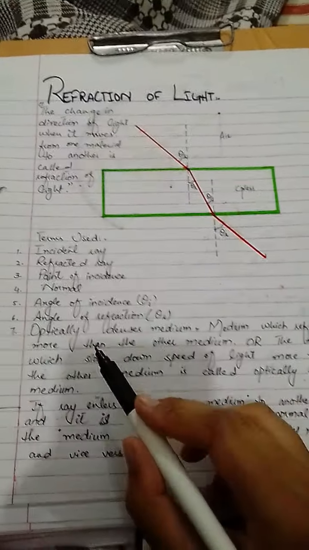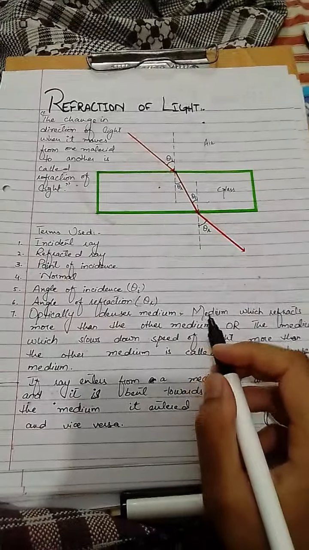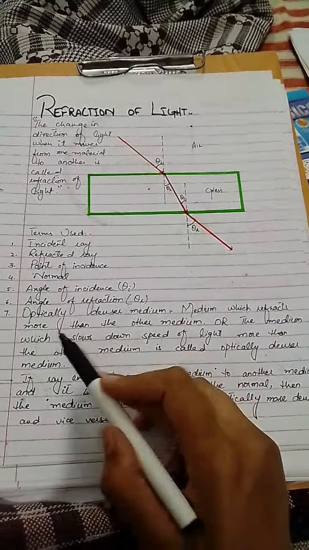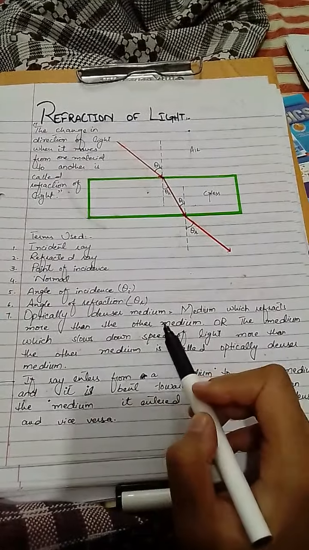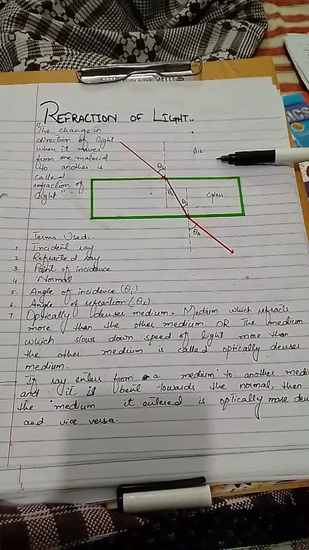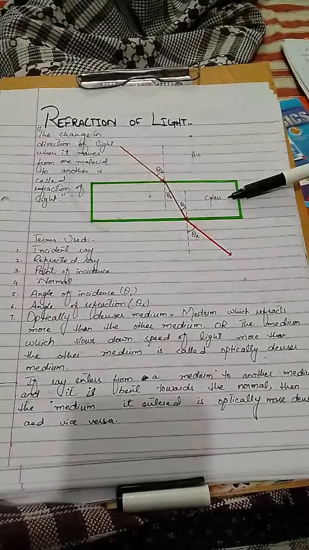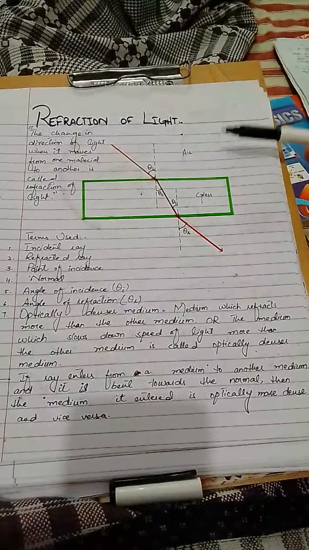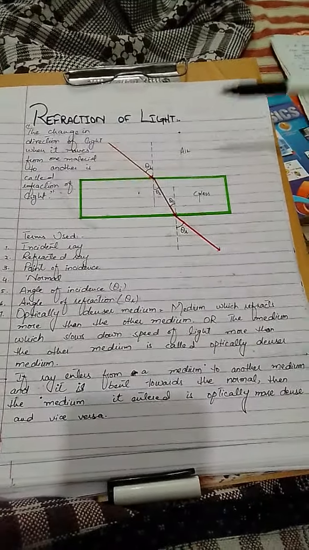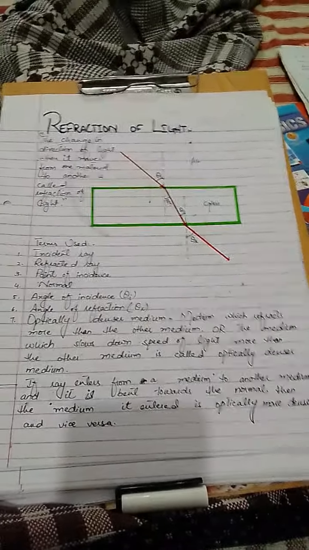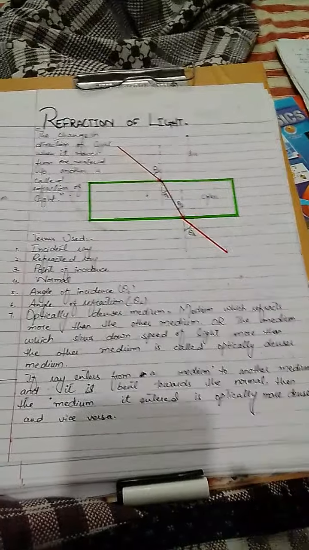Optically denser medium is the medium which refracts more than the other medium. Between these two mediums, the medium which refracts more than the other is called the optically denser medium.